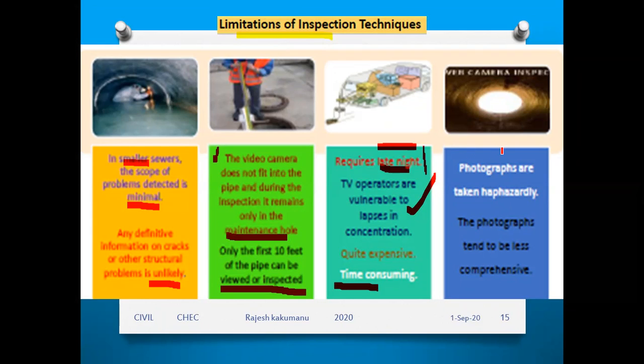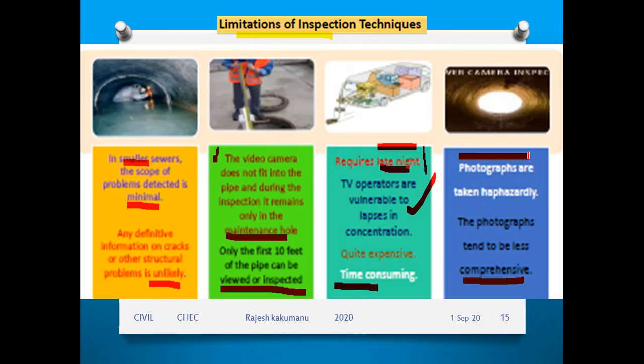Next, photographs are taken haphazardly, means the photographs tend to be less comprehensive. So photographs అనేవి రియల్ టైంలో మనకి ఇవ్వవు. సో whenever you are inspecting through the photographs, it is used only for reference purpose only.